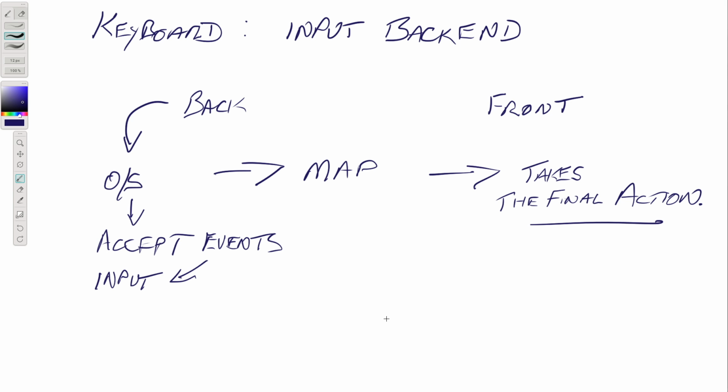The front end is what we do. We take all of that information, and if they hit a key that says object goes left, the object goes left. That's what we program in the front end, the effect. So the final action or effect.